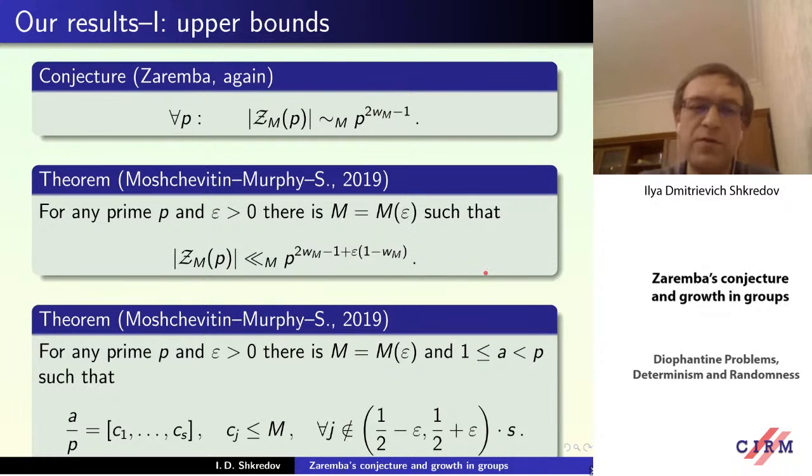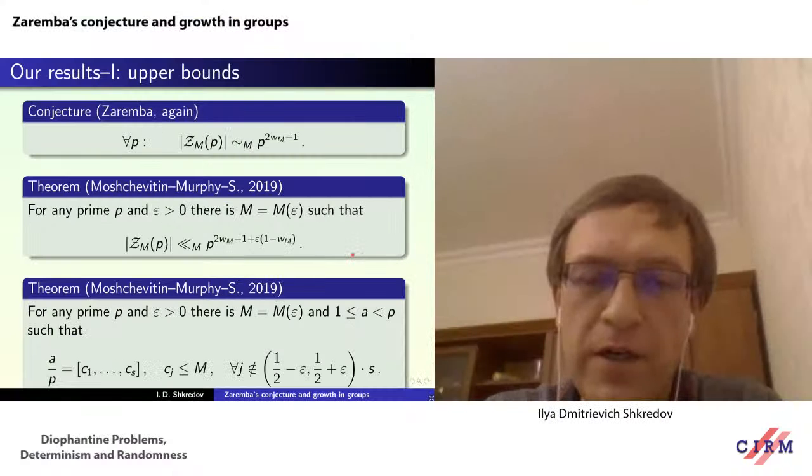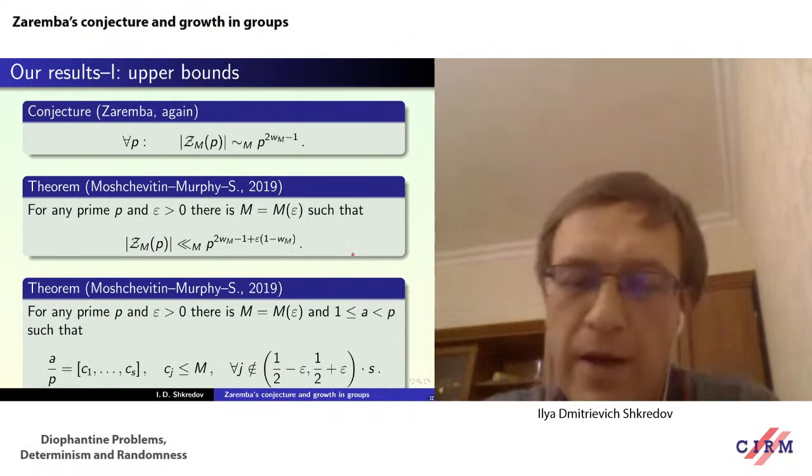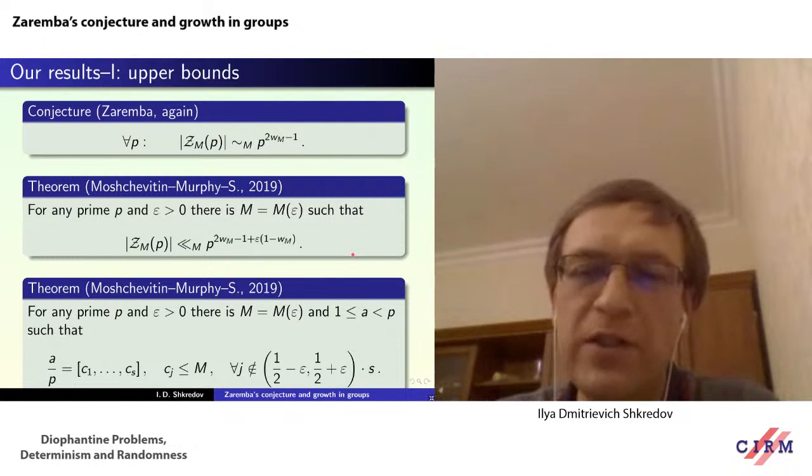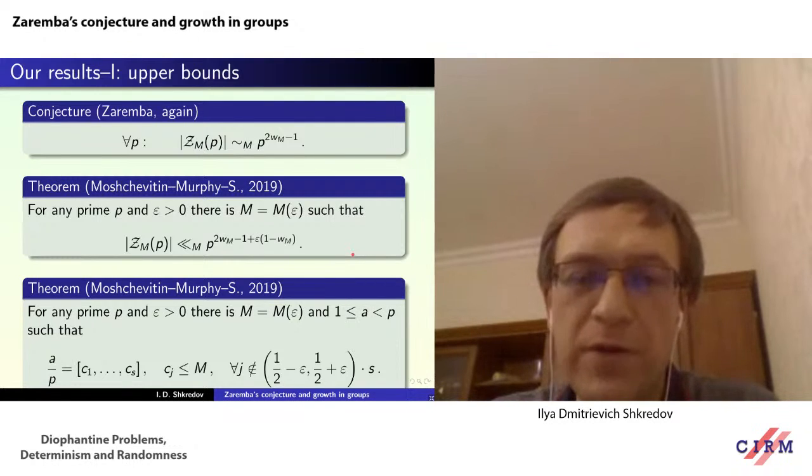And moreover, we proved that actually one can obtain Zaremba's conjecture if a very small middle interval is removed.